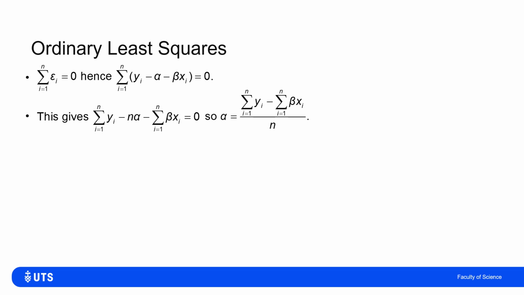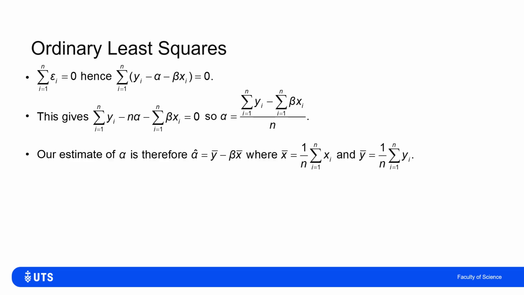I should have said alpha hat, an estimate of alpha. So alpha hat is y bar minus beta x bar, where x bar and y bar are just the sample averages, the average of the xi's that was observed and the average of the yi's that was observed.